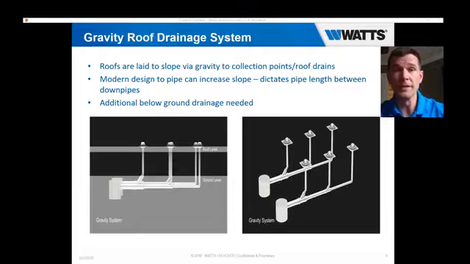So looking at a complete gravity system, you notice that the roof is laid to slope via gravity. So the water is going to all the collection points, which are the roof drains on the system. In some of the modern designs, the pipe can increase slope underneath the roof drain, but this also dictates the pipe length that can be running with that slope until it needs to hit a down pipe.